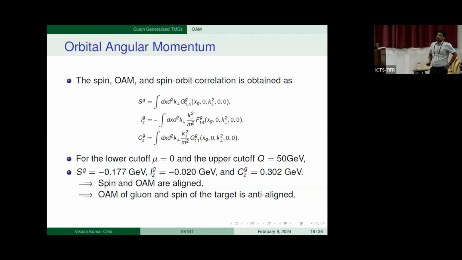The orbital angular momentum also has a negative sign, but the spin-orbit correlation is positive. From this we can directly infer that the spin and orbital angular momenta are both negative, so they are aligned. Since the spin-orbit correlation is positive, we can say that the orbital angular momentum of the gluon and the spin of the target are anti-aligned.